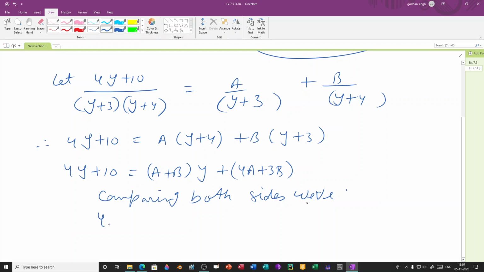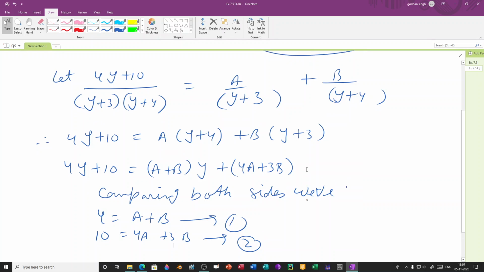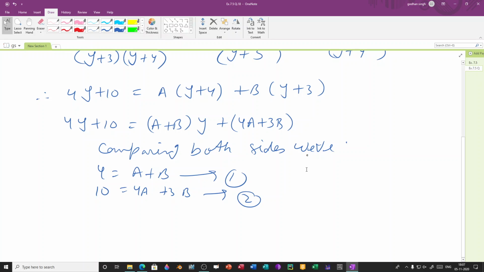So we can easily say that 4 is equal to a plus b. Let this be equation number 1. Also the constant on the left hand side is 10 and on the right hand side is 4a plus 3b. So we can say that 10 equals 4a plus 3b. So this is what we have got. Now if we solve these two, we'll get the values of a and b. What we can do is multiply the first equation by 3 and then subtract the second.